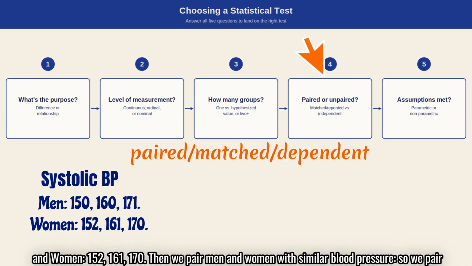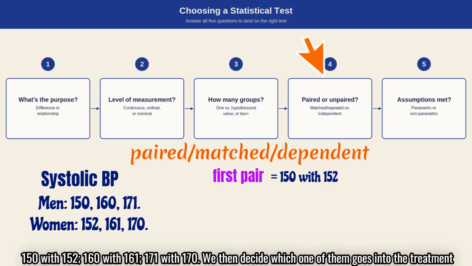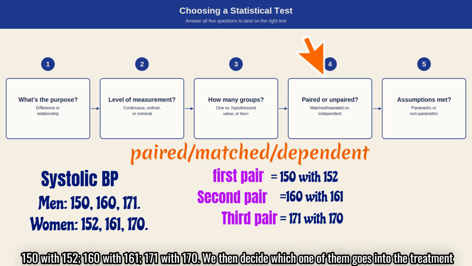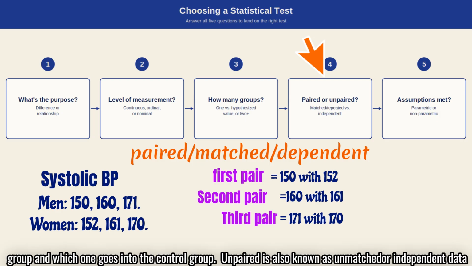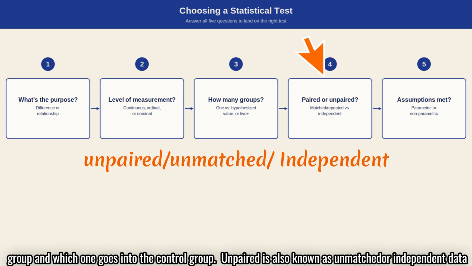Then we pair men and women with similar blood pressure. So we pair 150 with 152, 160 with 161, 171 with 117. And then we decide which one of them goes into the treatment group and which one goes into the control group.